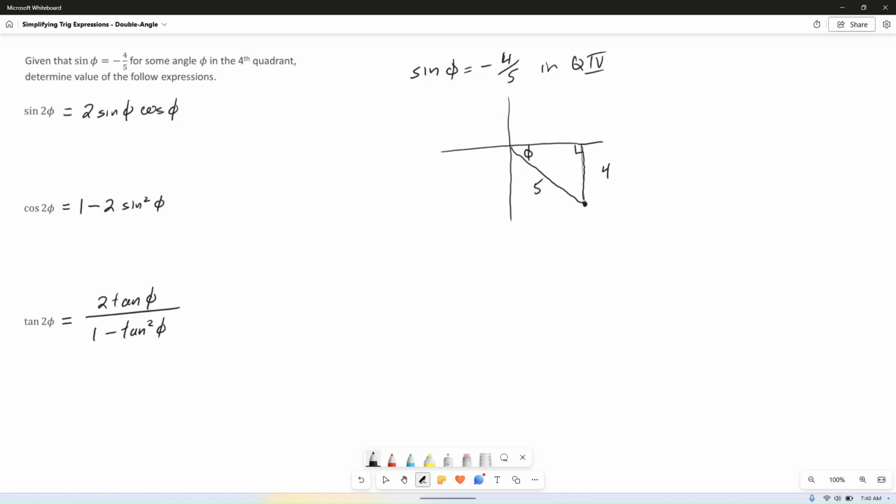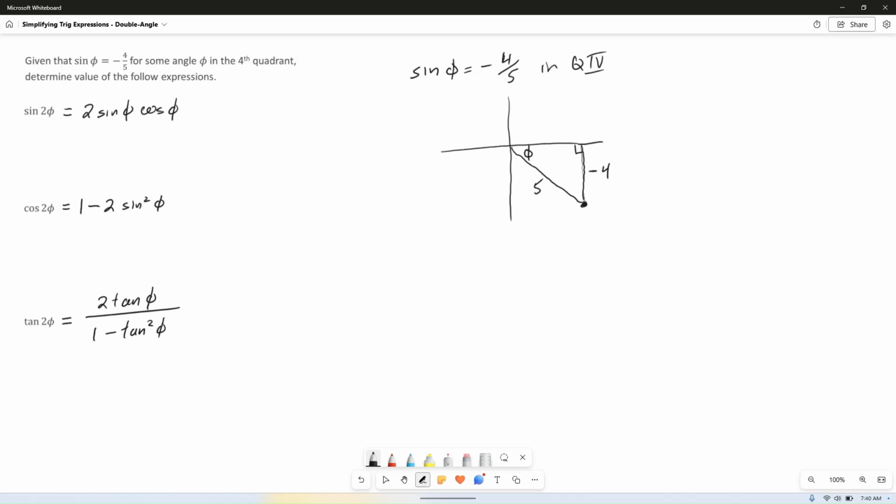And if we think about that 4/5 telling us part of the coordinate for the point on the end of that triangle, then we might think of that as being a negative 4. By putting that negative there, it's just going to take care of the signs, whether our results are going to be positive or negative.